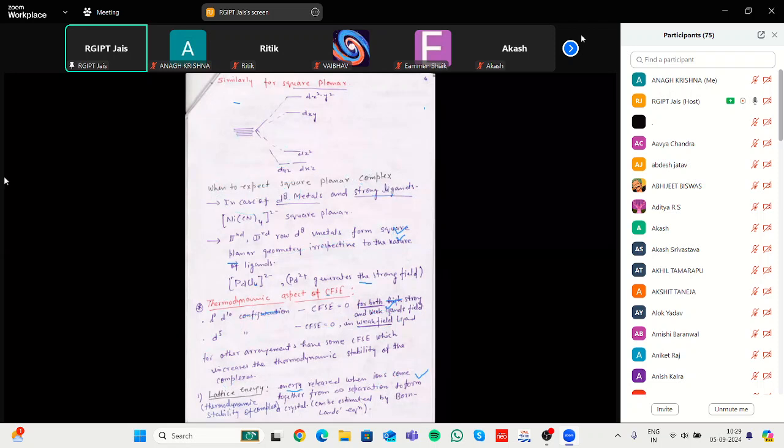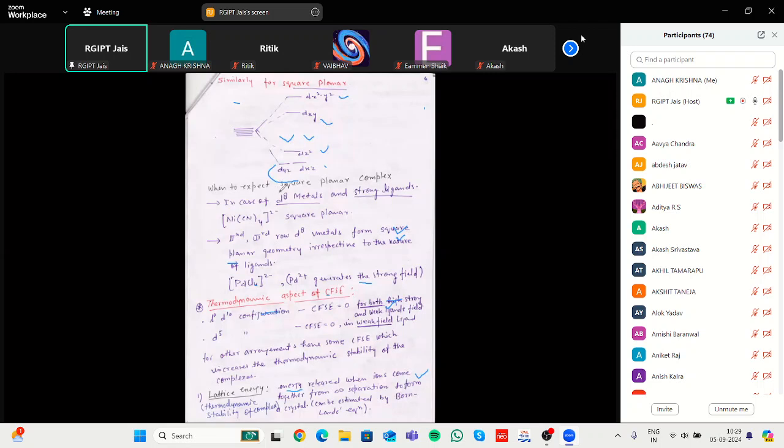In case of a square planar complex, there is a tendency that the electrons fill according to the energy level in this way: dyz, dxz, dz square, dxy, and dx square minus y square.